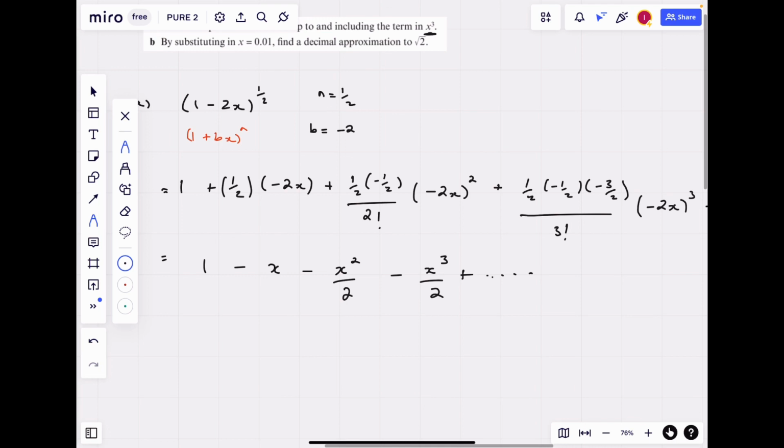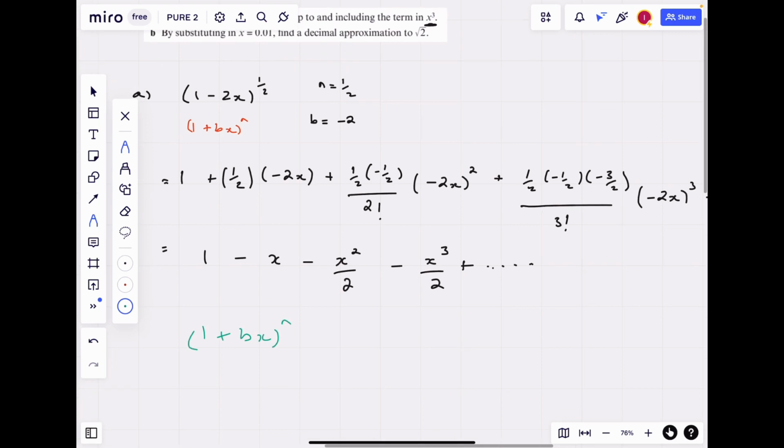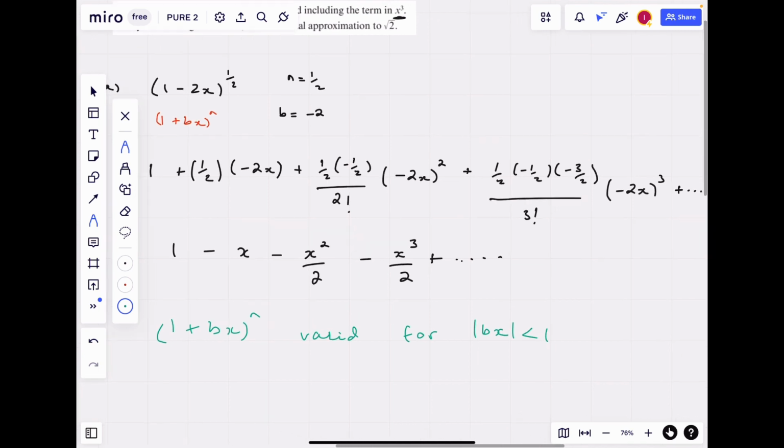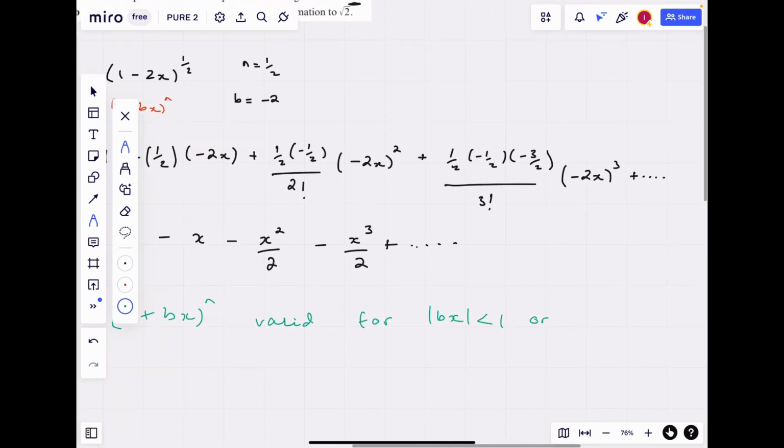The expansion for (1 plus bx) to the power of n is only valid for the modulus of bx being less than 1, or the modulus of x being less than 1 over the modulus of b.